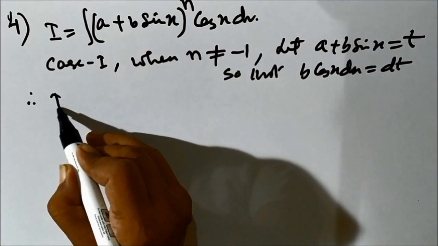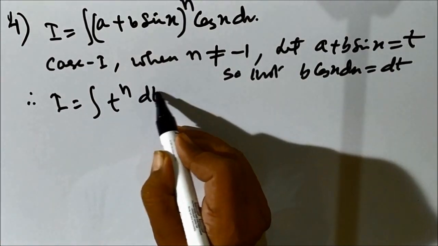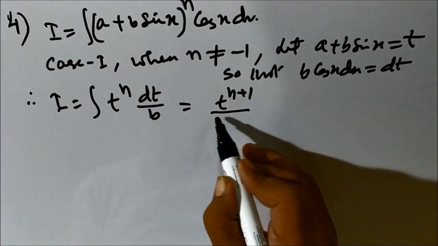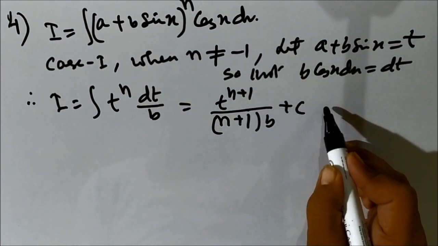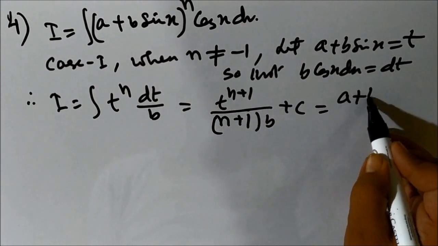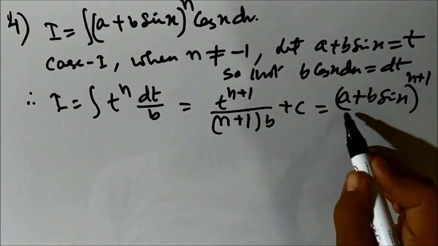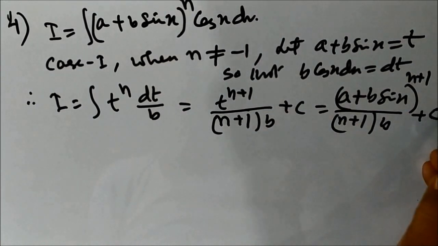Therefore, I equals the integral of t to the power n dt by b, equal to t to the power n plus 1 by (n plus 1) into b, plus c. This equals (a plus b sin x) to the power n plus 1 by (n plus 1) into b, plus c.